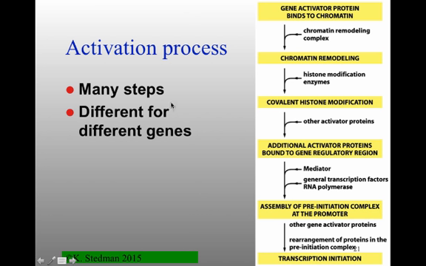So, first step, your activator protein binds to chromatin. And so chromatin, of course, is our DNA, which is associated with histones in the case of a eukaryotic gene. So this gene activator protein binds to chromatin. Usually it's going to be binding to an enhancer, which again can be thousands of base pairs upstream, or for that matter downstream, of the promoter which is going to be regulated.